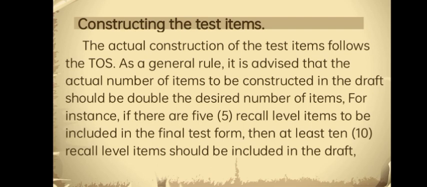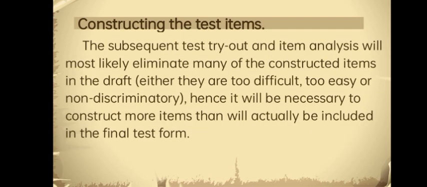The subsequent test tryout and item analysis will most likely eliminate many of the constructed items in the draft. Either they are too difficult, too easy, or non-discriminatory. Hence, it will be necessary to construct more items than will actually be included in the final test form.